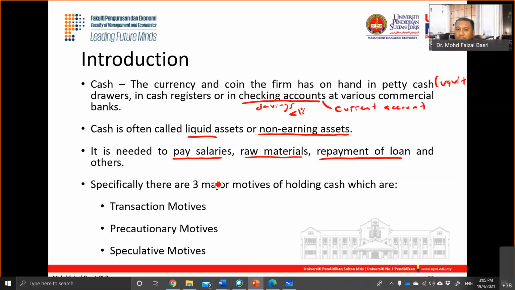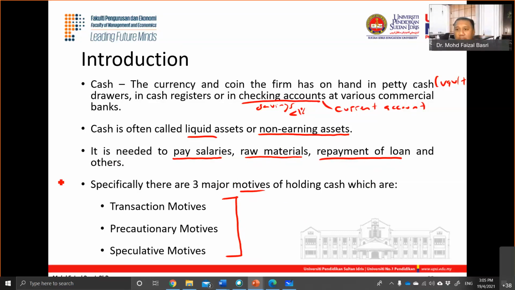So therefore, here I simplify the three major motives why a company needs to have cash. Okay, three reasons, motives ataupun reasons why companies need to maintain cash. We cannot totally maintain zero cash. We need to have some form of cash, some form of liquidity in order to have these three motives.